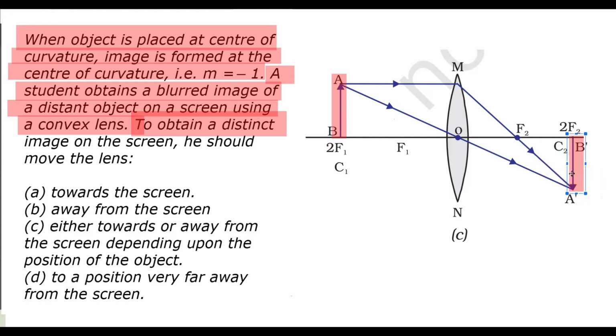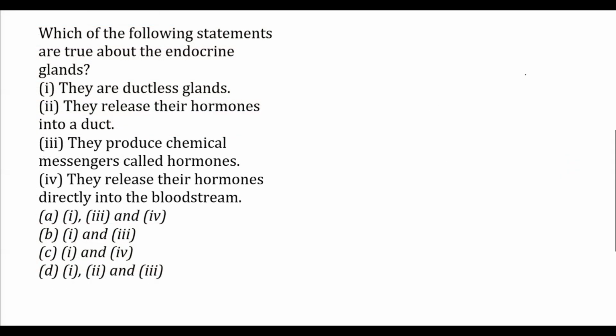That's what we get to know whenever we try to capture an image, and if you get a blurred image, then we change the relative position of the lens and the screen, right? And that's the reason we will say that the correct option will be option C here. One more time, the correct option will be option C in this case.